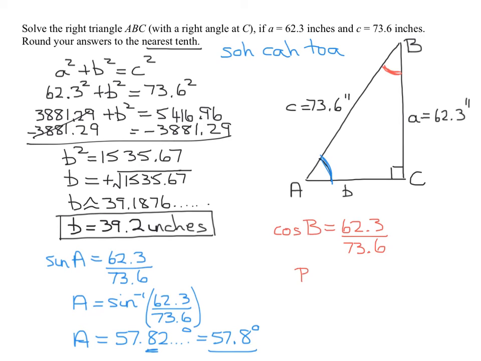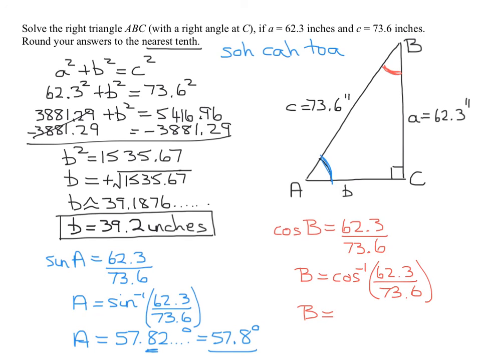So therefore B, I'm going to find by using inverse cosine of 62.3 divided by 73.6. Again, make sure your calculator is in degree mode.